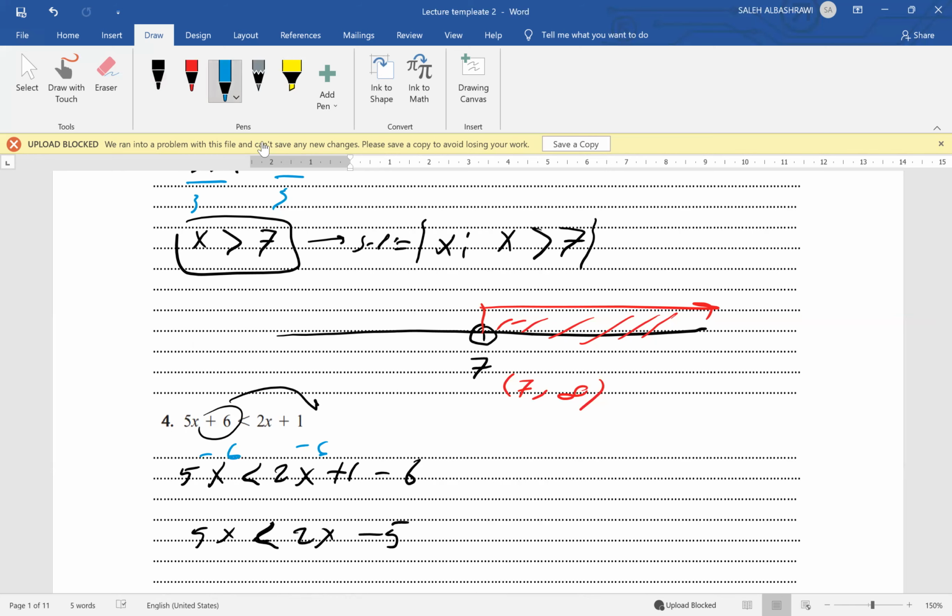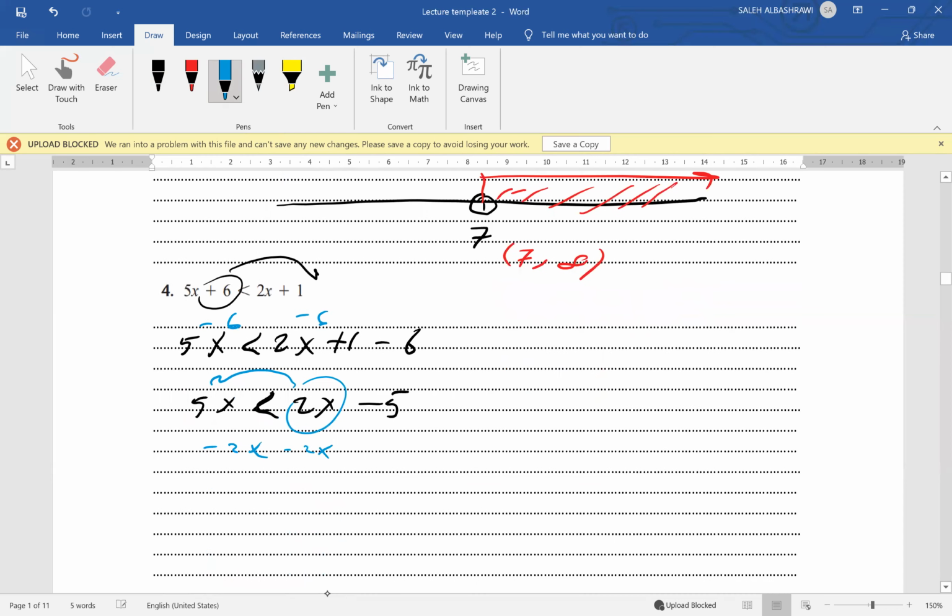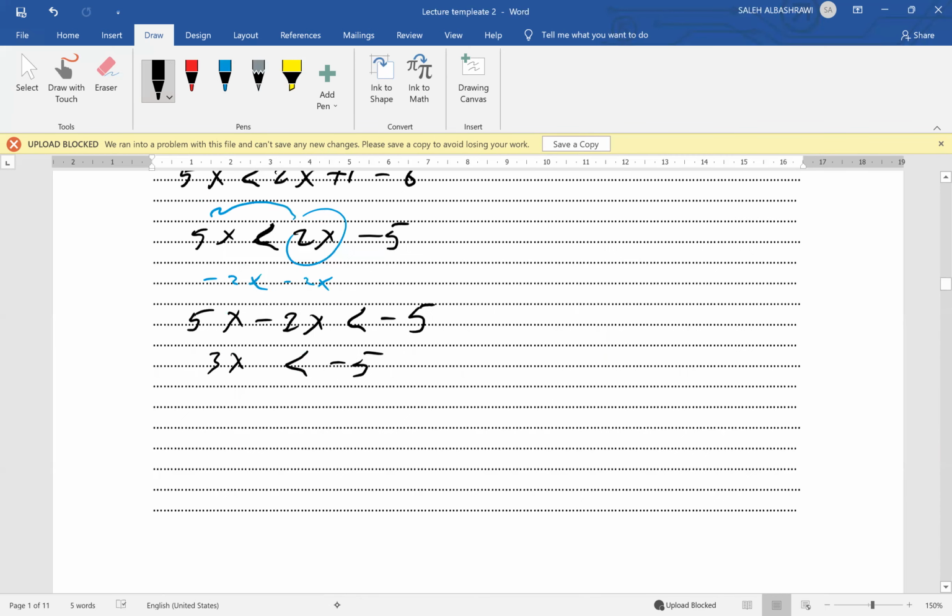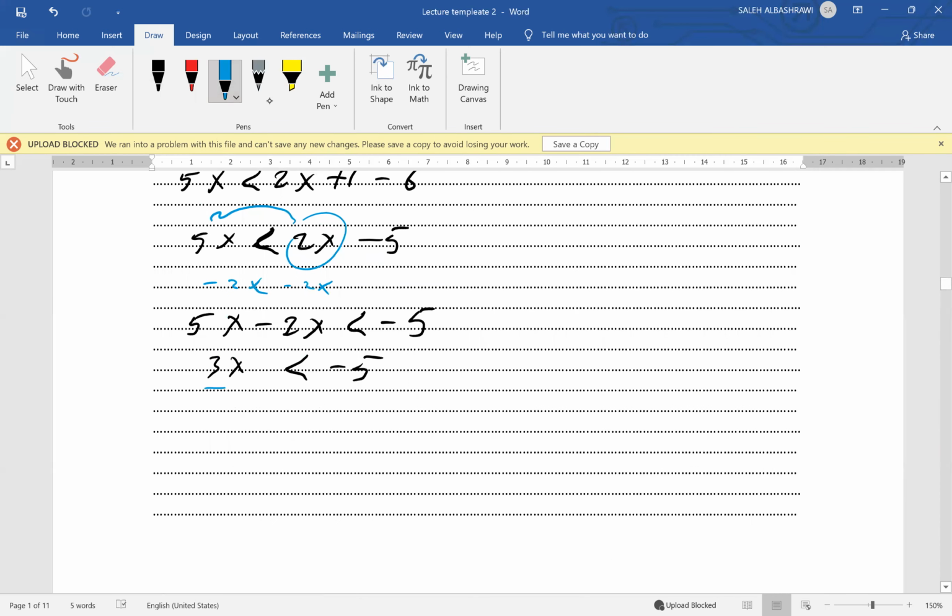Now this variable term, I have to shift it to the left-hand side. So I'll add minus 2x. Then it will be 5x minus 2x less than minus 5. 5x minus 2x is 3x less than minus 5.